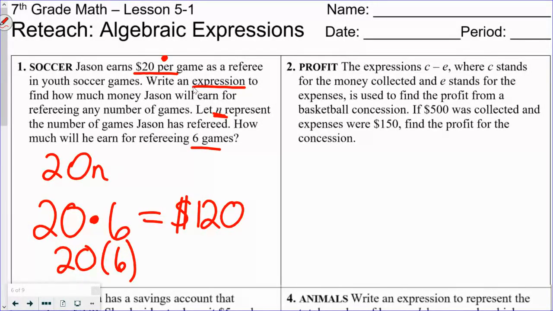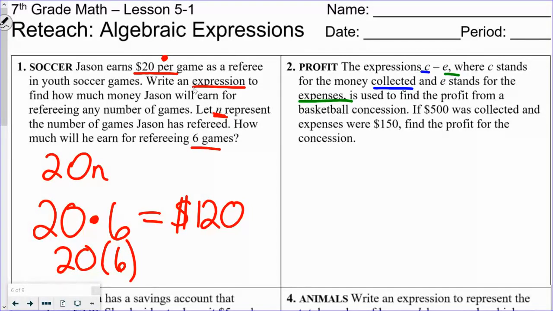Okay. Now let's look at the next one, which talks about profits. Profit is the expression C minus E, where C stands for the money collected, and E stands for the expenses. So they're telling you why these variables are what they are, so when you go to plug in your information, you know where it actually goes.